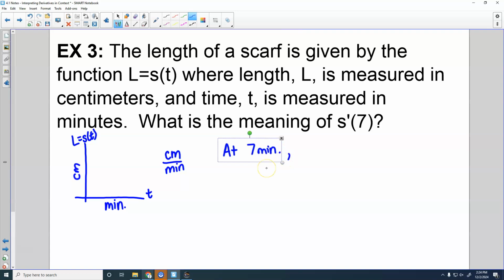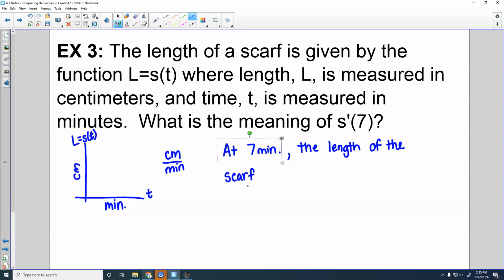what's happening? Right, the length of the scarf, and if we knew what the number was, we could say increasing or decreasing. Let's hope it's increasing.